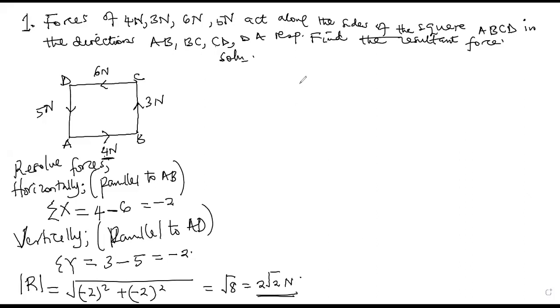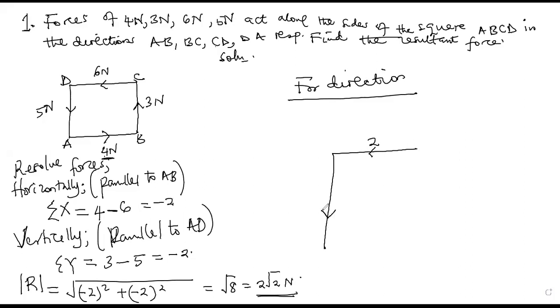So for direction, I'm having negative x, because negative x, this is negative 2. So negative x is in this side. But when you have pointed it this side, you just put a 2. And then after that, we have negative 2 in the y. So we have negative 2. You just put 2.